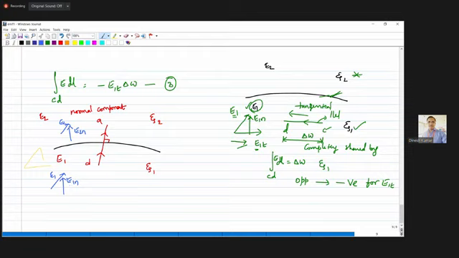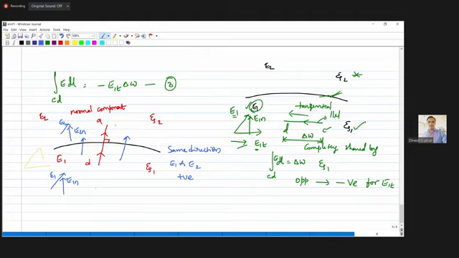Observe here the direction of this conductor is from bottom to top, and the direction of E1n and E2n is also from bottom to top only. So both have the same direction. So therefore, with the same direction, E1 and E2 will be positive.